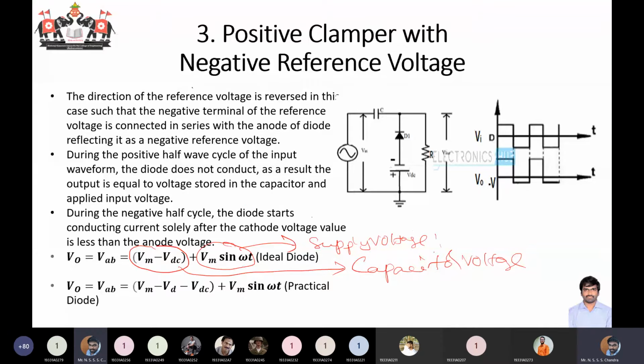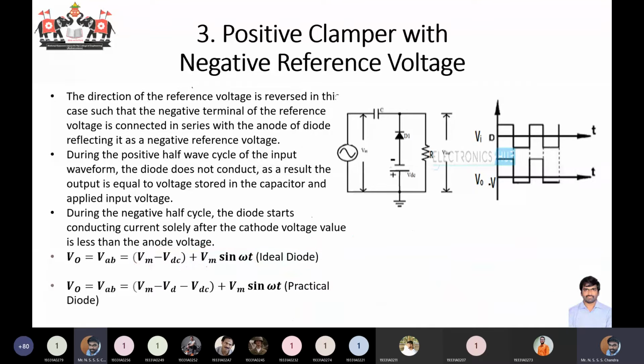If you are considering a practical diode, again in place of Vm you will be writing Vm minus Vd. So that will be Vm minus Vd minus Vdc plus Vm sin omega t. That's for a practical diode.